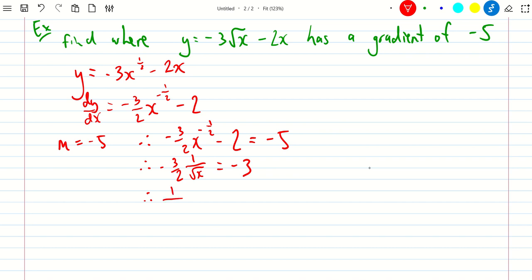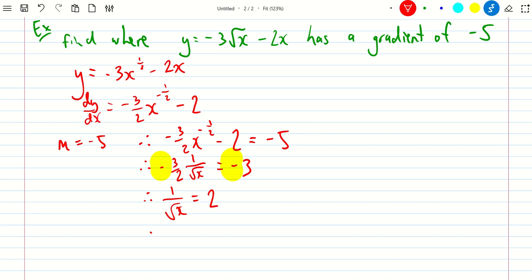I'll have 1 over root x on this side, and the negatives will disappear because we're just multiplying both sides by negative, so I'm not even going to worry about those. But we're going to times by 2, so 3 times 2 is 6. 6 divided by 3 is 2, so that's all going to be equal to 2, by multiplying by 2 over 3 effectively, or negative 2 over negative 3 if the negatives disappear.